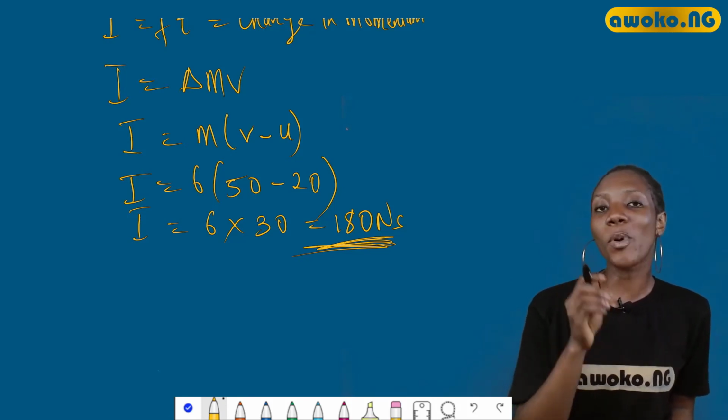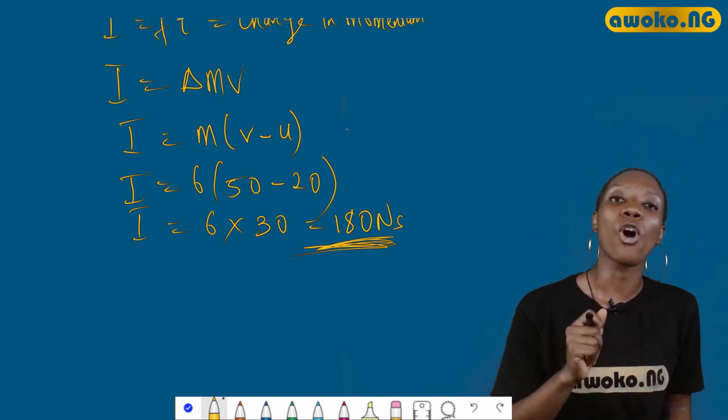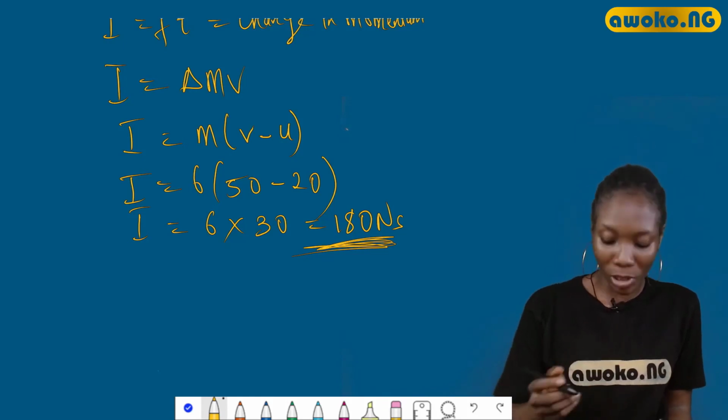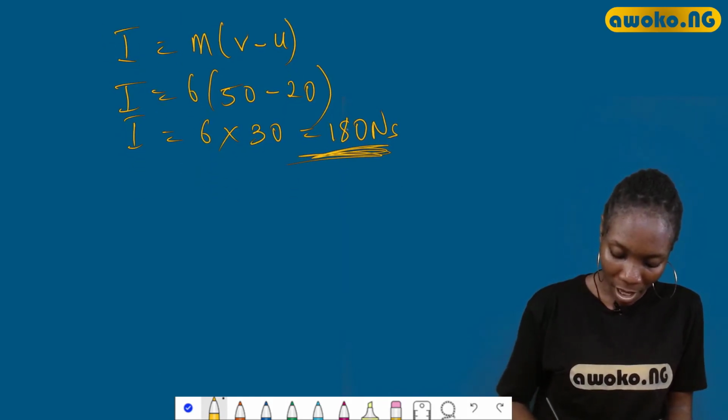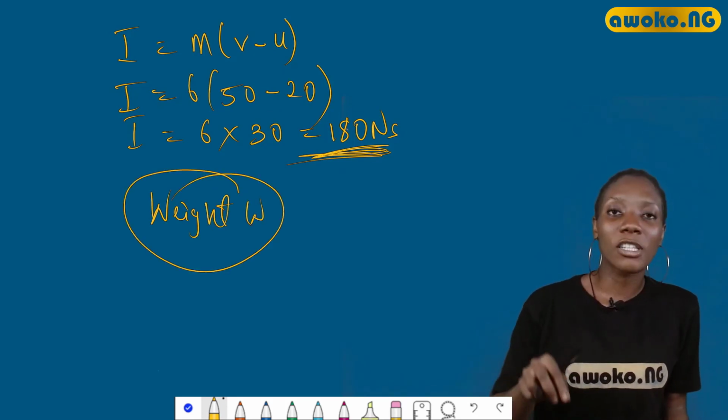Now, a body at the Earth's surface is subjected to the gravitational pull of the Earth. This force of the gravitational pull is called the weight. Okay? This force is called the weight. This is where I explain weight, W, weight of the body.